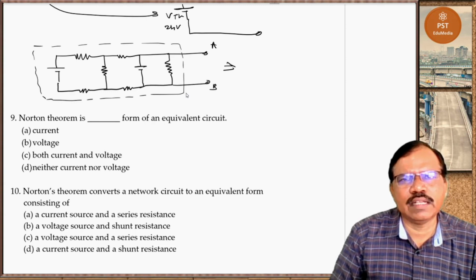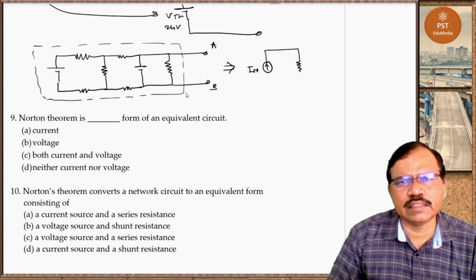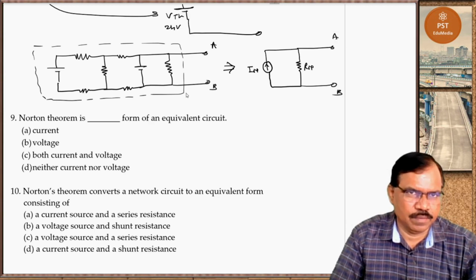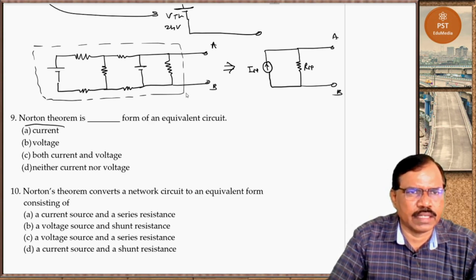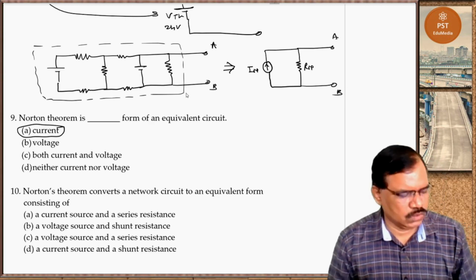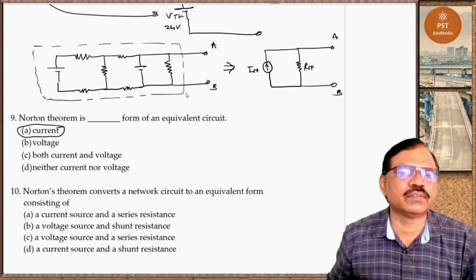Now what is its equivalent circuit? It is a current source giving Norton current IN and the resistance of the network RN, and they are in parallel. So Norton's theorem is used for the equivalent current.